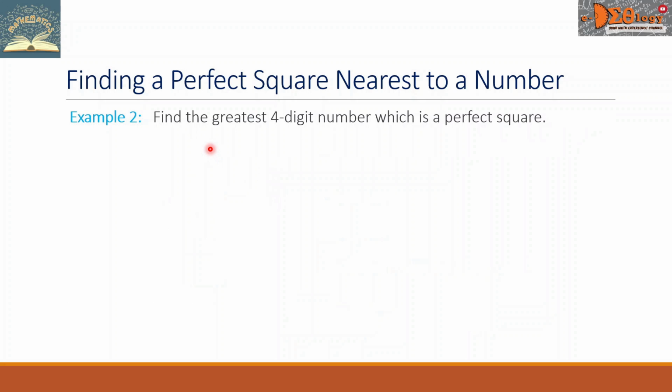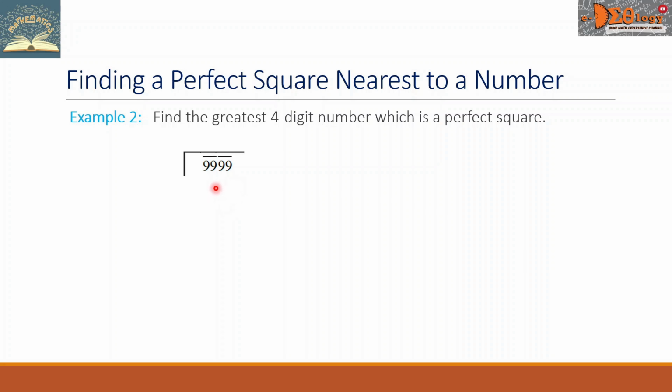Example 2. Find the greatest 4-digit number which is a perfect square. Note that 9999 is the greatest 4-digit number. Let us try to get the square root of this number. Let's do the division method.